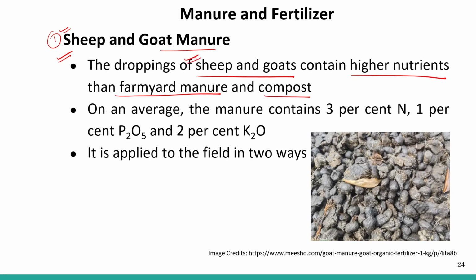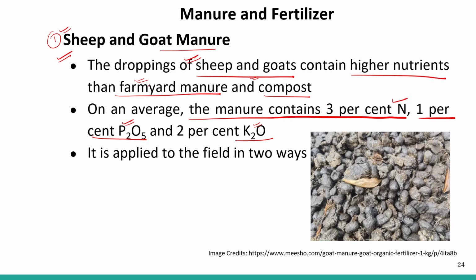So it has a lot of nutrients, and it is a good quality manure compared with farmyard manure and compost. On an average, the manure contains 3% nitrogen, 1% phosphorus pentoxide, that is a source of phosphorus, and 2% potassium oxide, that is a source of potassium. These are the three important nutrients, so their percentages are given here.